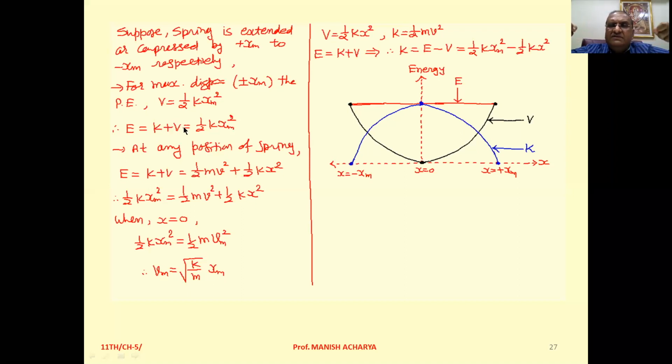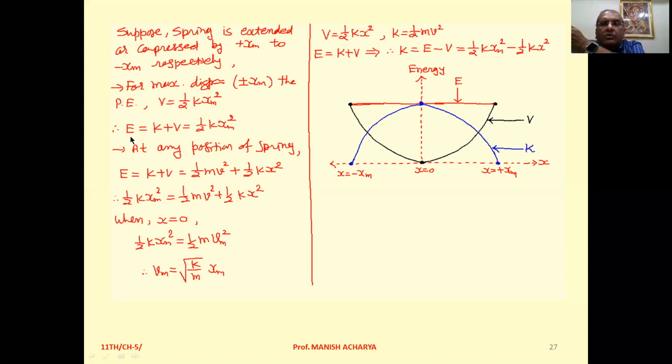But when maximum extension or compression is given, at that time the spring is steady. So kinetic energy is 0. So that maximum potential energy itself will be the total mechanical energy. But when we release the spring, what happens? The spring will move towards its equilibrium position.